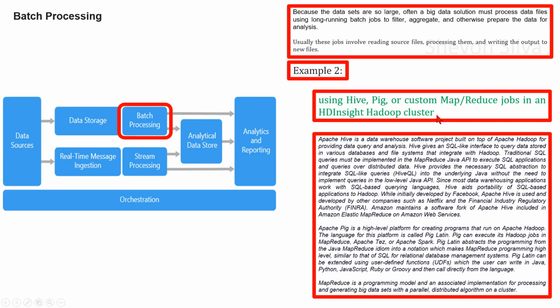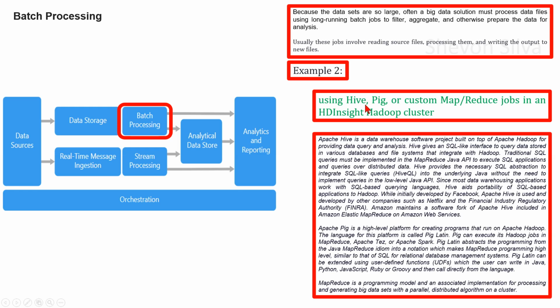As another example, we can consider using Hive, Pig, or custom MapReduce jobs in an HDInsight Hadoop cluster. Apache Hive is a data warehouse software project built on top of Apache Hadoop for providing data query and analysis. Hive gives an SQL-like interface to query data stored in various databases and file systems that integrate with Hadoop.